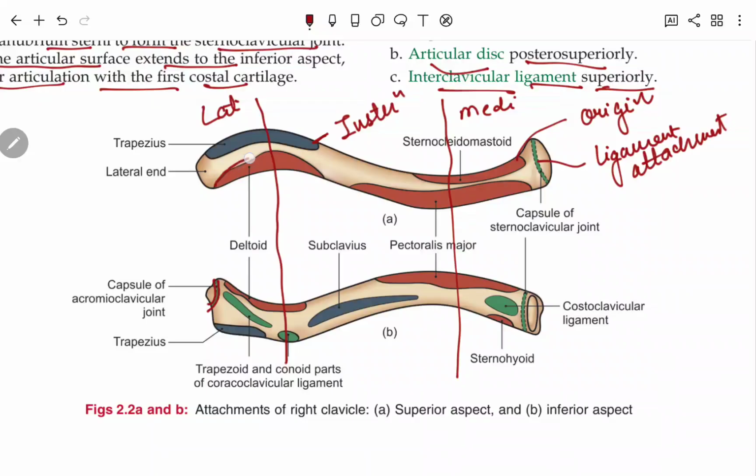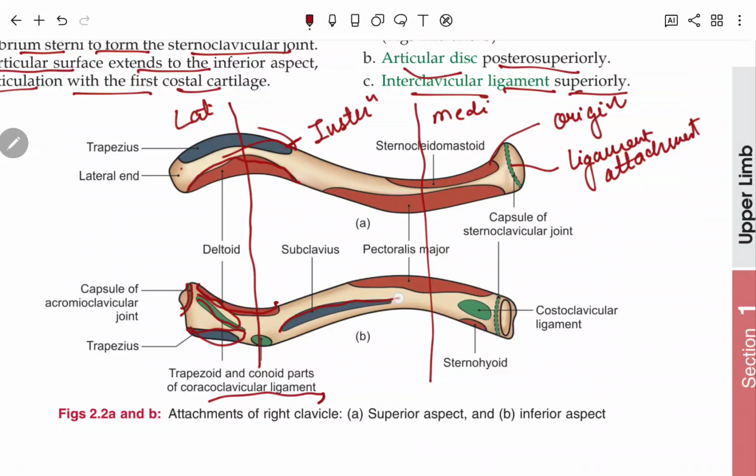On the inferior or posterior aspect of the clavicle we have the deltoid origin. Then on the inferior aspect we have the trapezoid and conoid parts of the coracoclavicular ligament, and over the anterior aspect we have the insertion of the trapezius muscle.